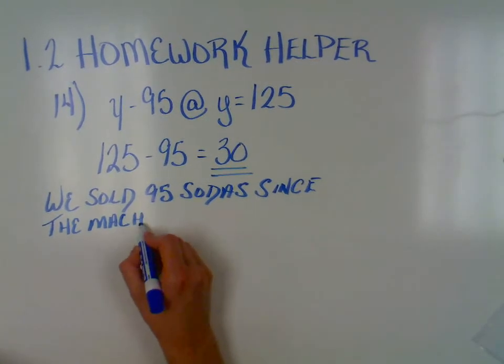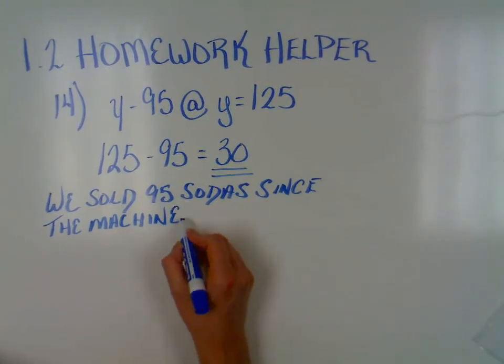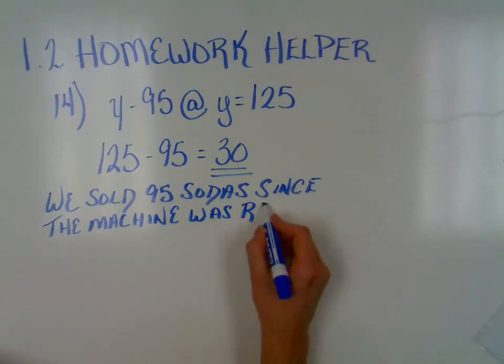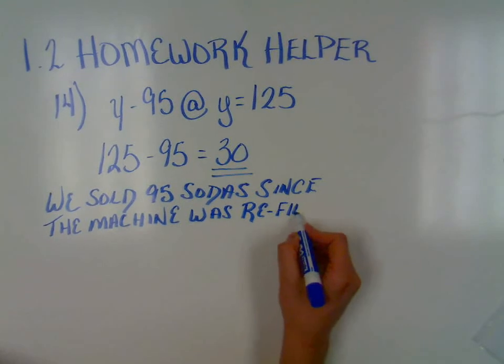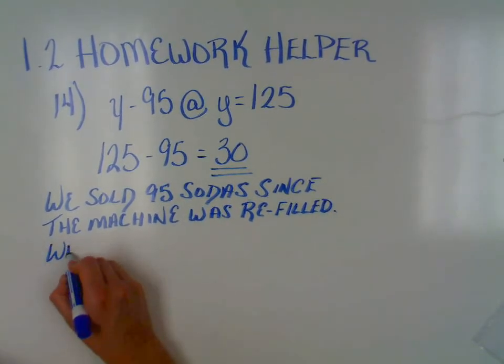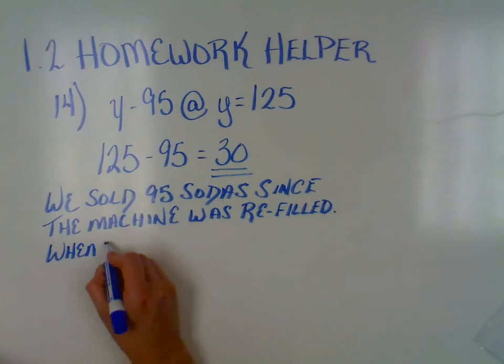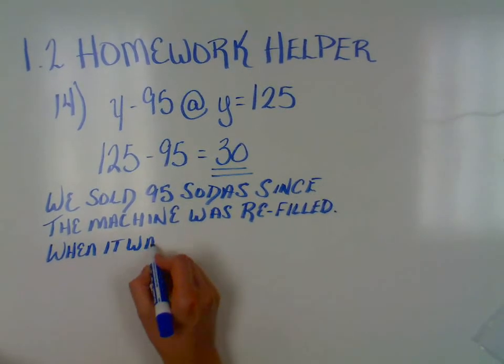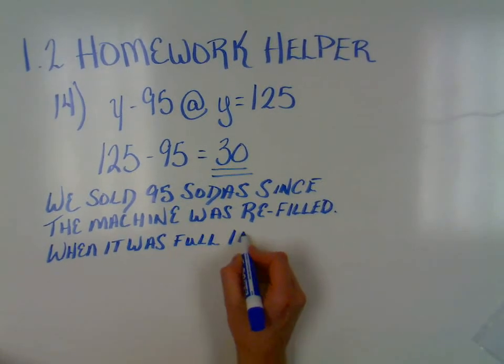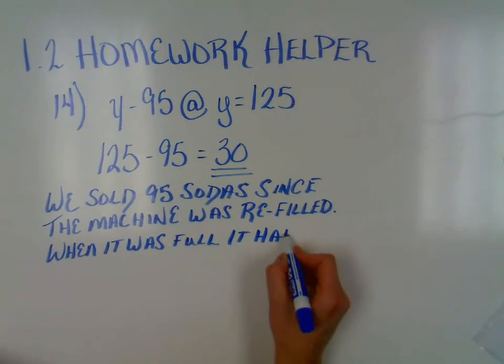You can add the words vending in there, but I'm just going to say the machine was refilled. And then we're going to say when it was full, it had 125 sodas.